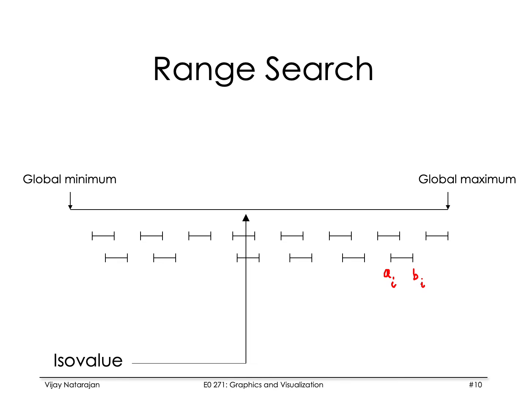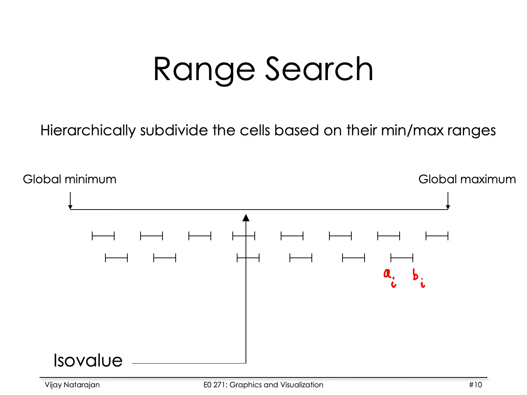The idea is to hierarchically subdivide these intervals based on the min-max ranges, right? So let's say I subdivide the real line into 2. This partitions the set of intervals, may not be into equal halves, but it just partitions.